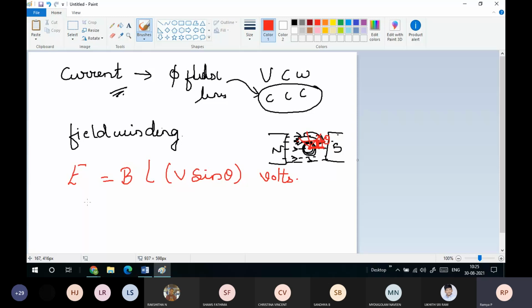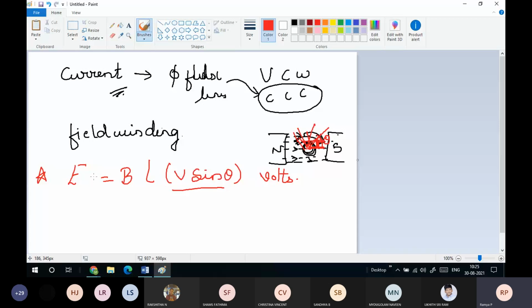What is this V sin theta? V sin theta is the component of velocity which is perpendicular to the flux lines, and hence it is responsible for induced EMF. So this angle theta is what we measure, and it determines the amount of EMF induced in the system. So you have this equation, the EMF E equals BL into V sin theta, where V sin theta is a component of velocity.